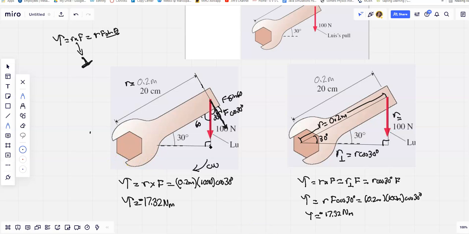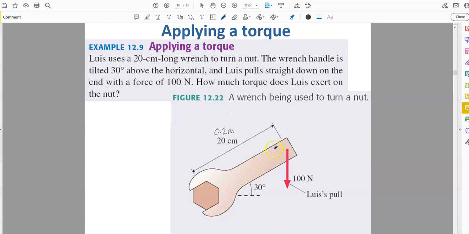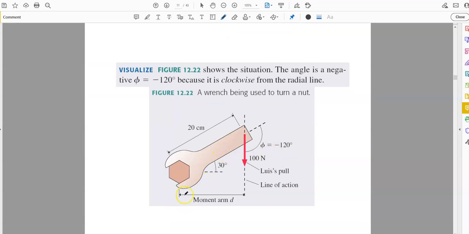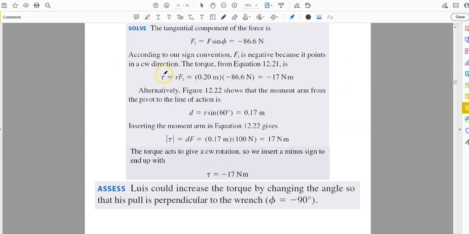That second method is what Knight is using. He's basically saying, okay, I'm going to leave the force alone, but I'm going to keep the lever arm. I'm going to twist the lever arm, or find the perpendicular portion of the lever arm distance of 20 centimeters.